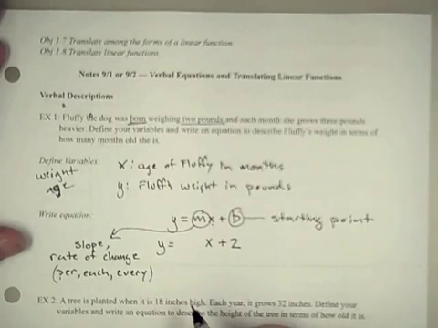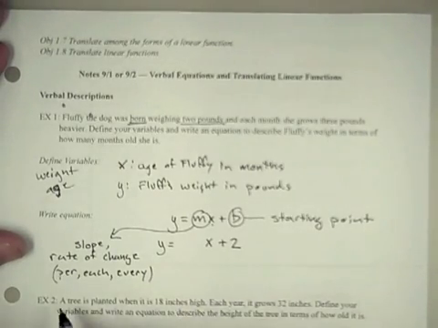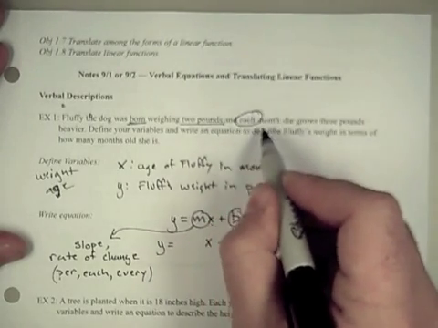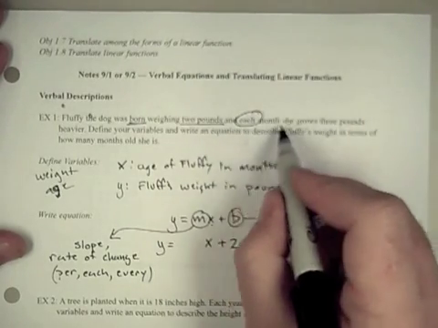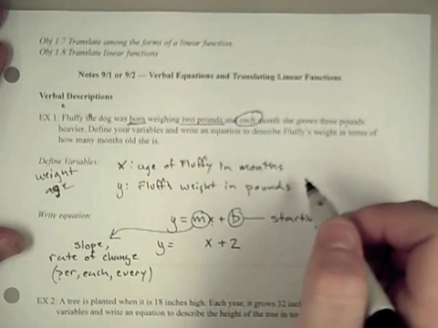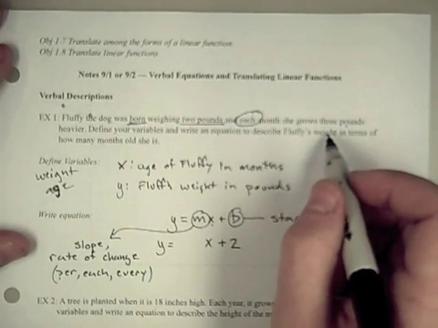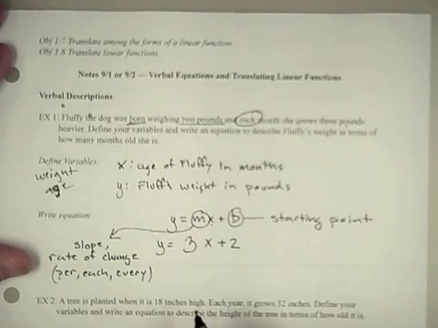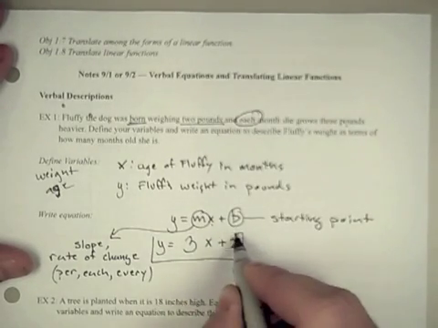All of those say, hey, this is the slope. And if we read through, we see that in our problem, each month she grows 3 pounds. So that tells us that 3 pounds is our slope. She's growing 3 pounds, so that means we're going to want to add 3, or a positive 3. So 3x plus 2 is our final answer.